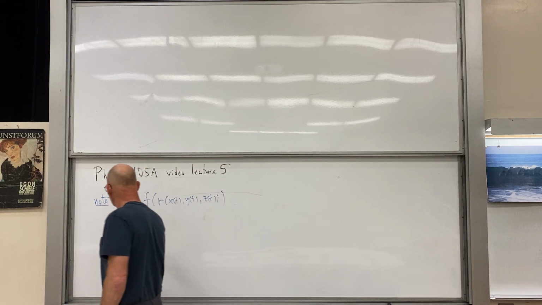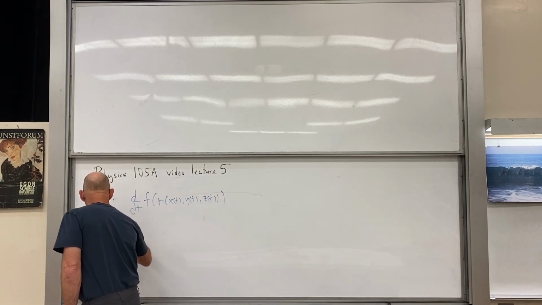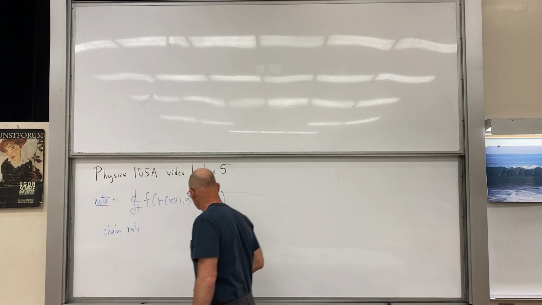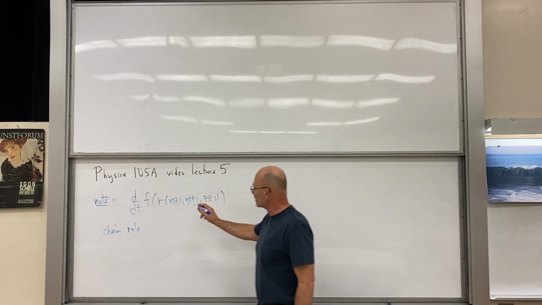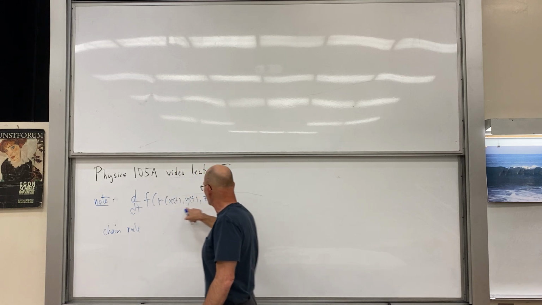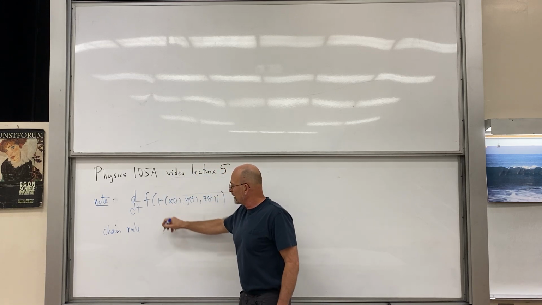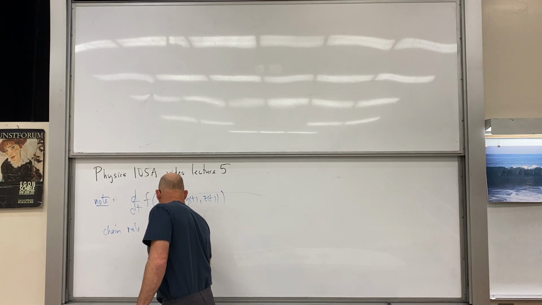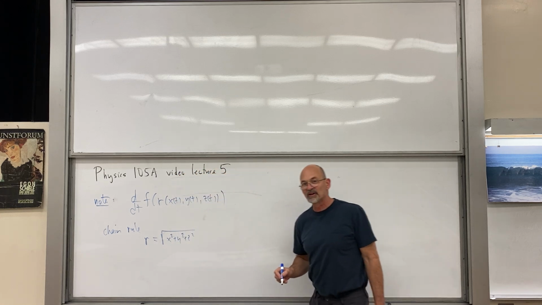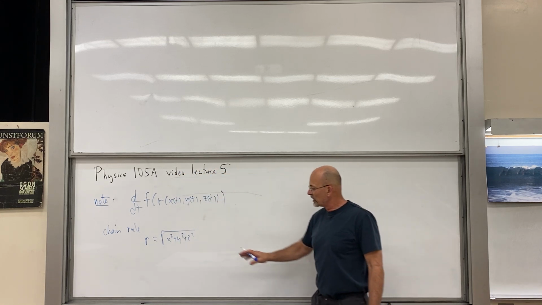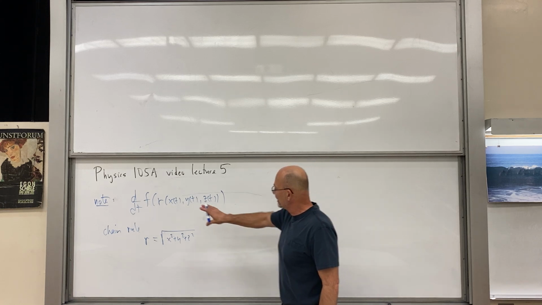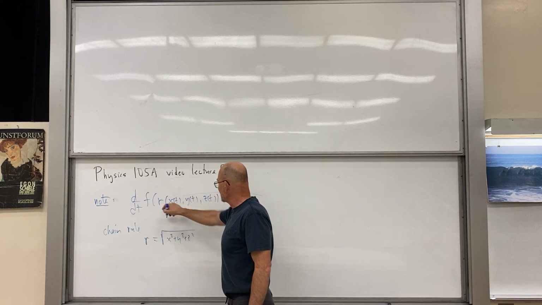So the chain rule for multivariable calculus would be the following. f is a function of a scalar. We're talking about r being the root of x squared plus y squared plus z squared, just the magnitude of the position vector. We are in Cartesian coordinates right here.